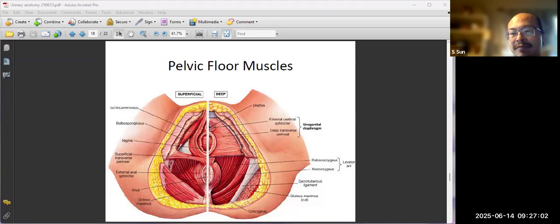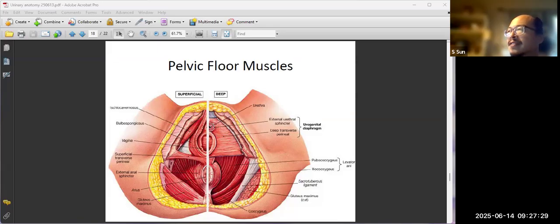This is for your poop to go out. You also have the external anal sphincter. So you control your poop, like you want to poop, but it's not the right time. The external anal sphincter controls that. Here is the external urethral sphincter. This one controls your pee.